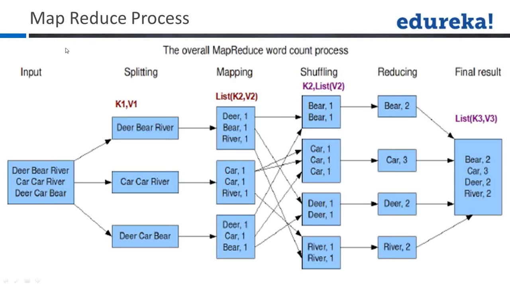Then in this you say deer comes once, bear comes once, river comes once. So this is that list with the mapping which we are talking about. Don't worry about these terms at the top. Shuffling, reducing, finalizing, all this terminology will become very clear very soon.